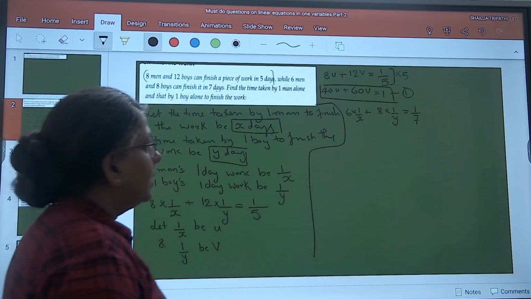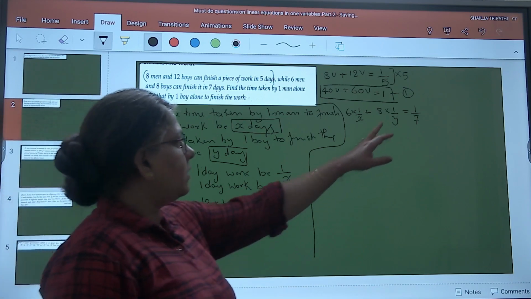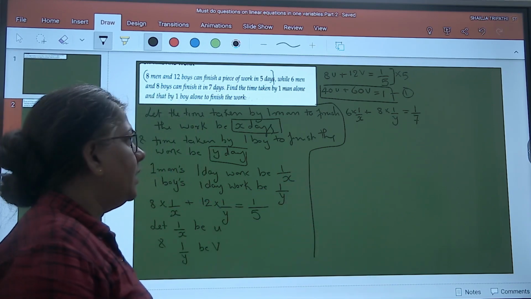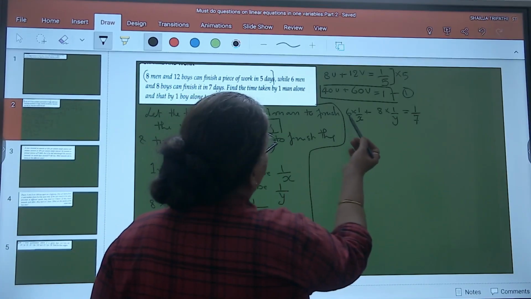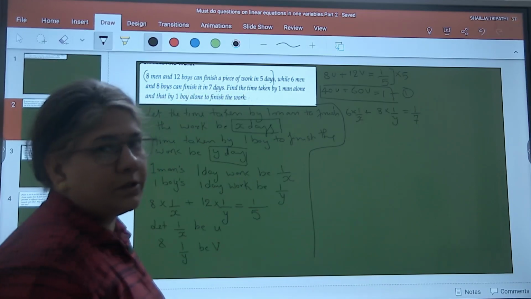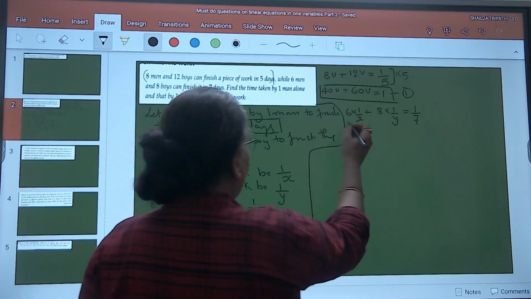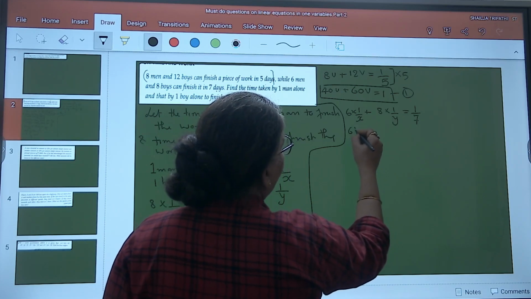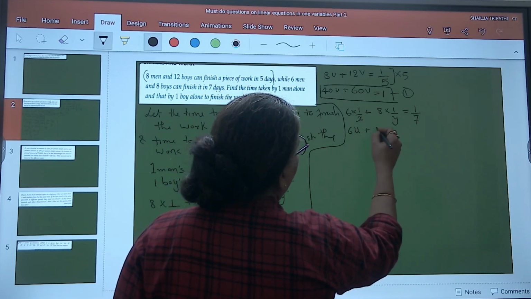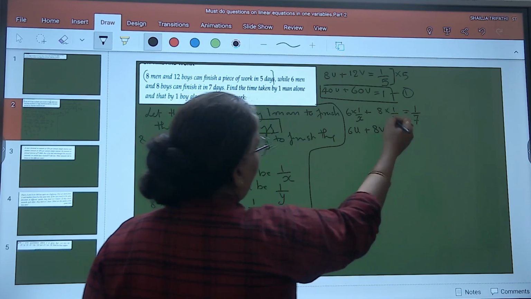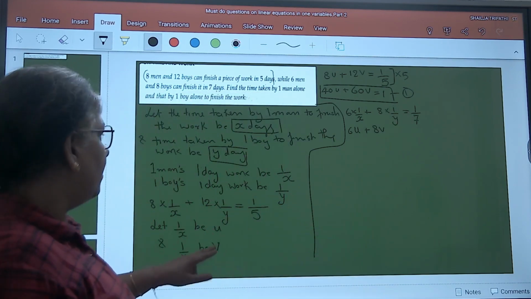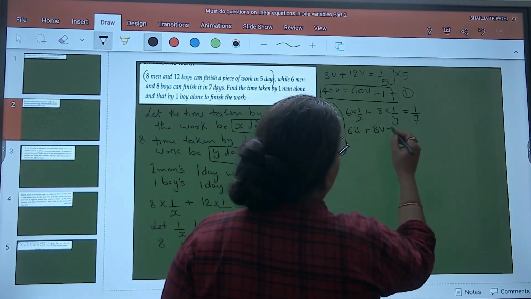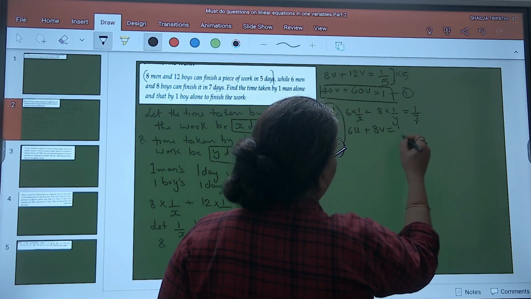So this is 1 day's work. 1 upon 7 is 1 day's work completed by 6 men and 8 boys. Again 1 upon x is u, so we get 6u plus 8v. 1 upon y is v. This is 1 upon 7.